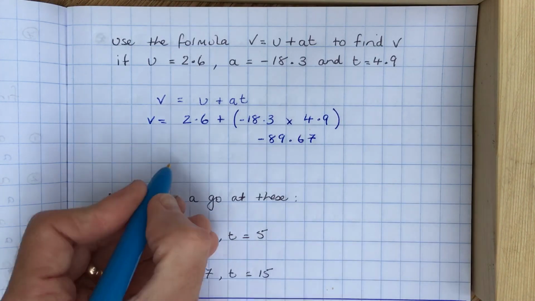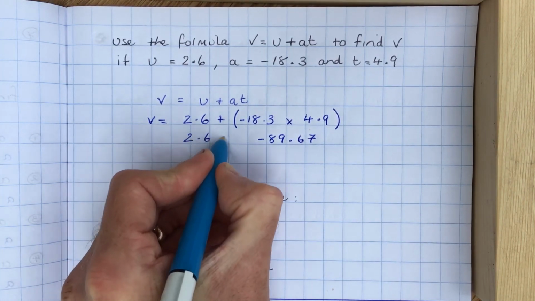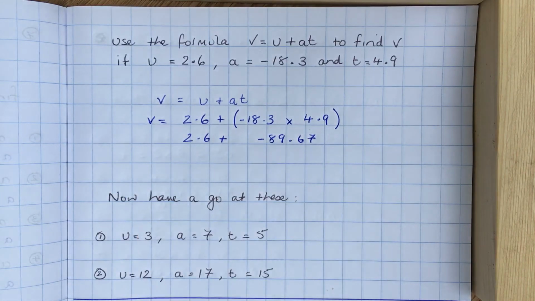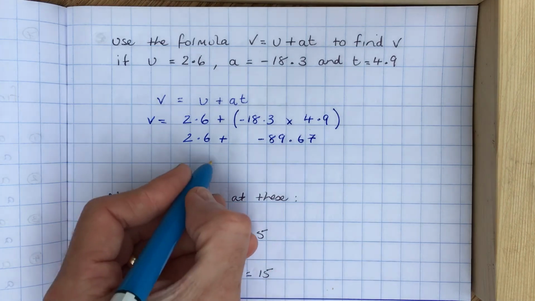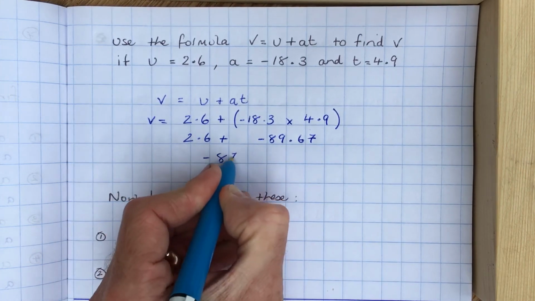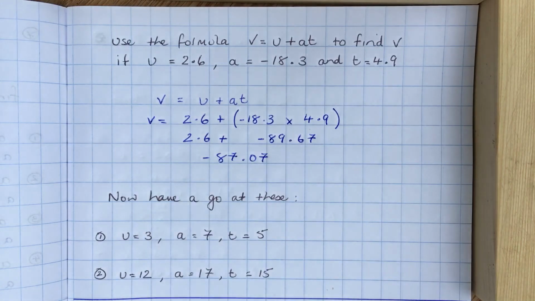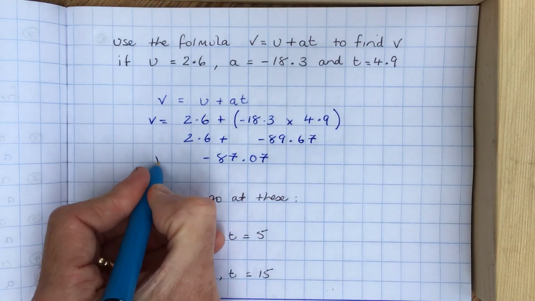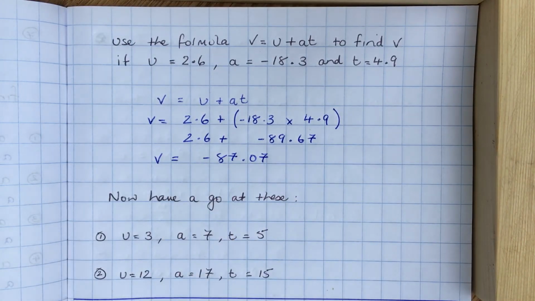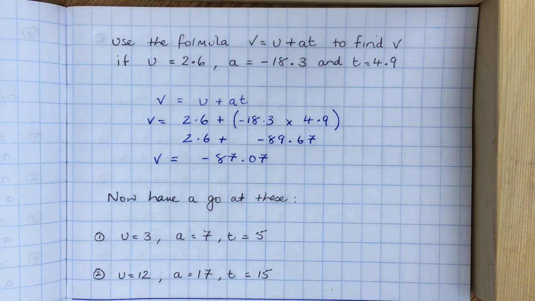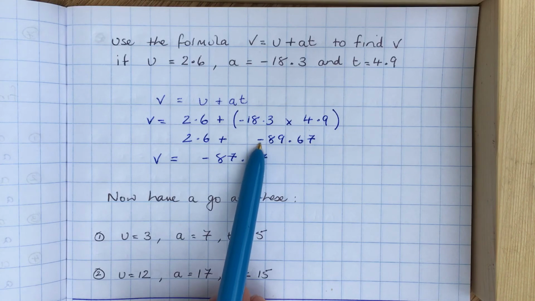And we're doing 2.6 plus negative 89.67. We work that bit out and we get negative 87.07. So V equals negative 87.07. Just be a little bit careful that we're using the negative button on our calculator, not the take away button.